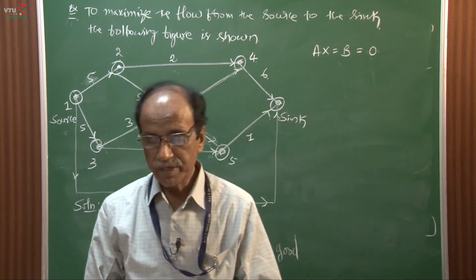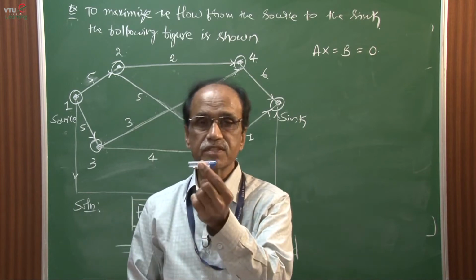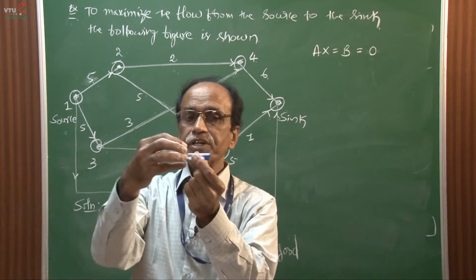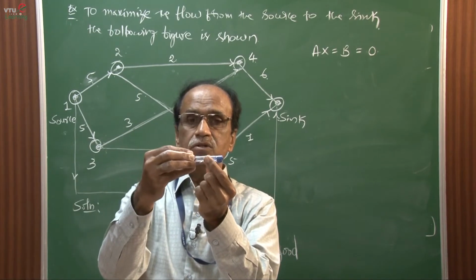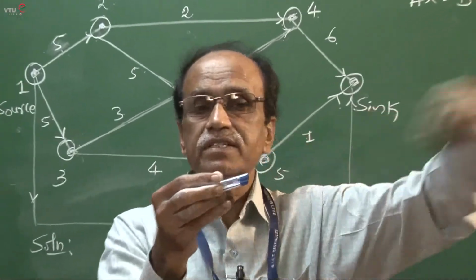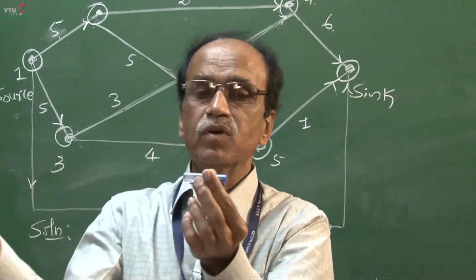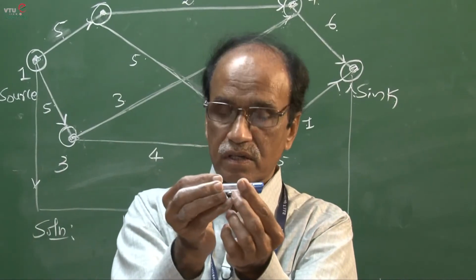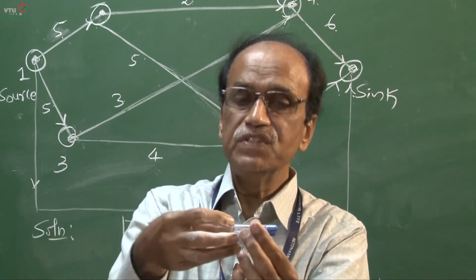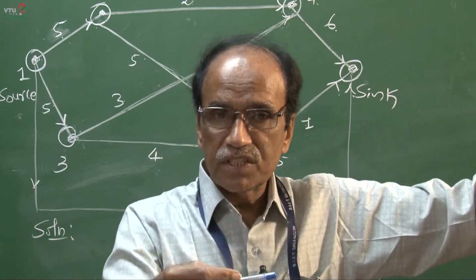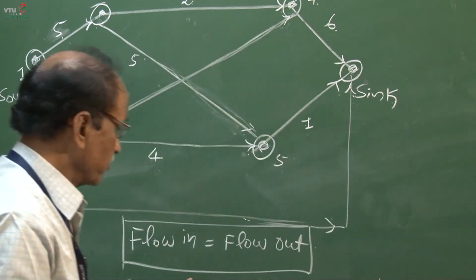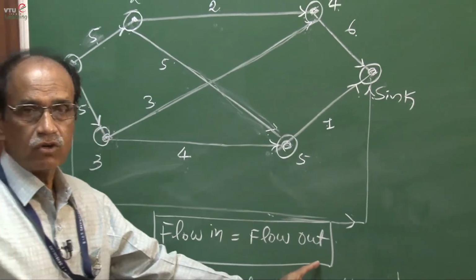Suppose if this is a pipeline, whatever the fluid we are going to allow to flow inside and the fluid is coming outside, if both are same, that means for example 1 liter of water I am allowing to go inside, if I receive the same quantity on the other side, that is the equation. Flow in is equal to flow out.